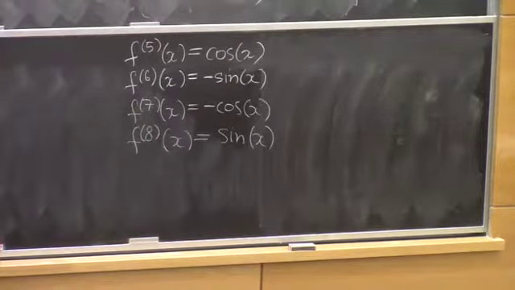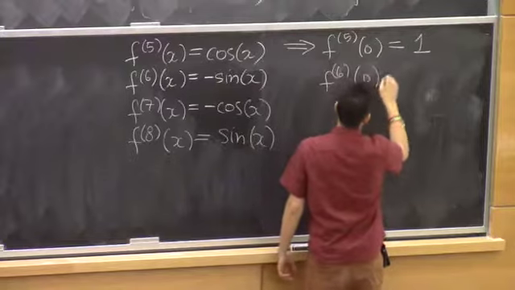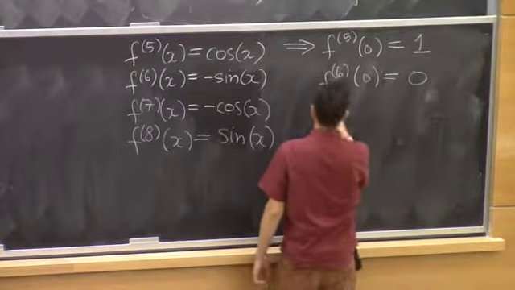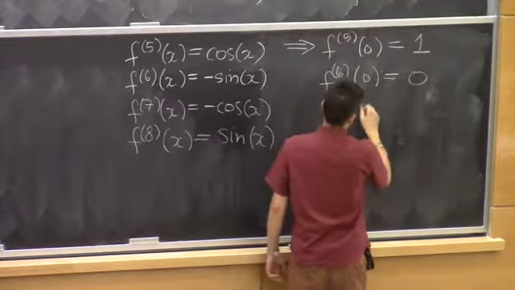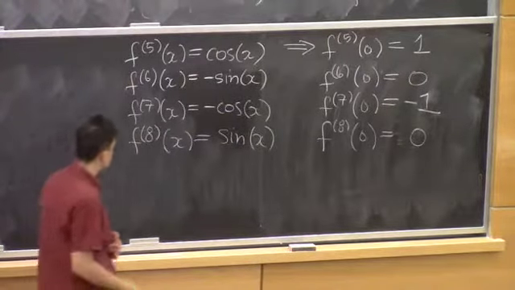Very good. Okay, so we've got all these derivatives. Now let's evaluate them at 0. Okay, very good. Let's do the first couple as well.